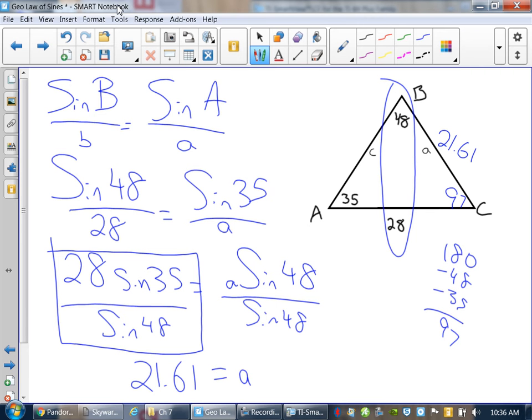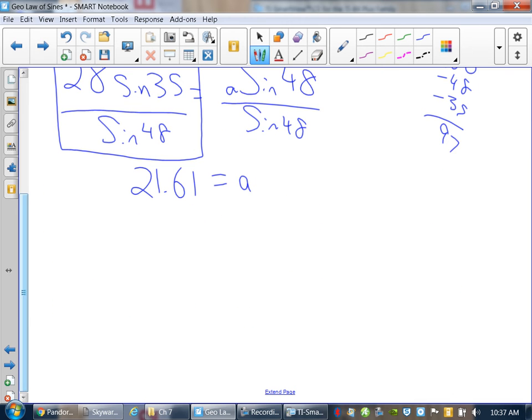And now we do the same thing to find the side opposite C. We reuse our given. We're reusing that sine of b to little b, and we write it out. So what was it?